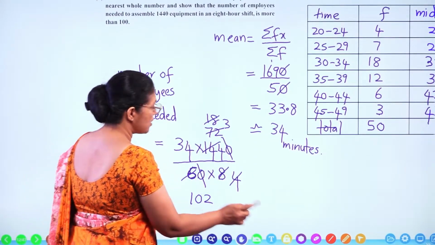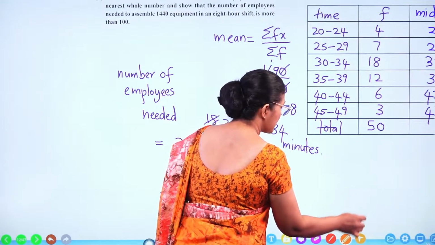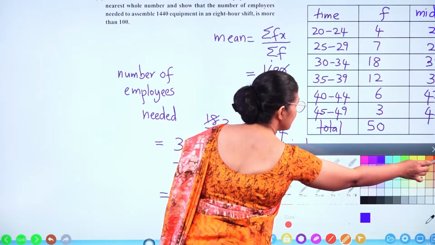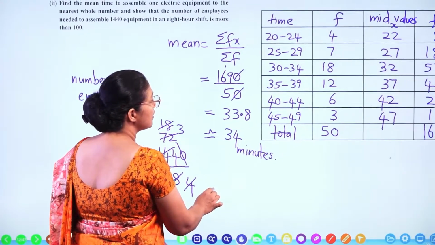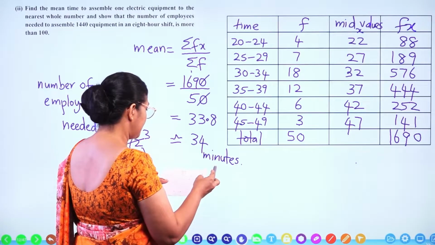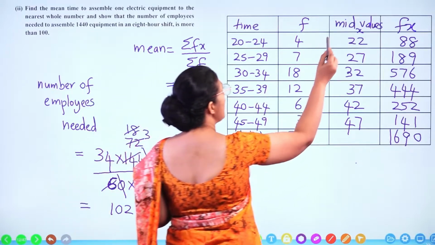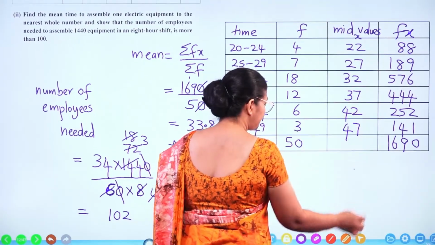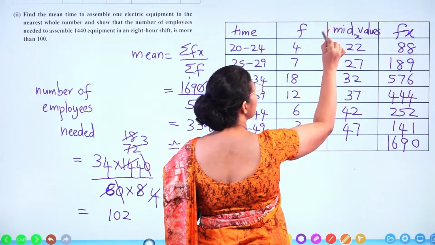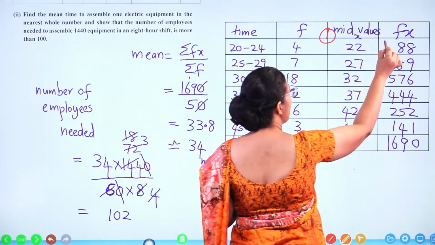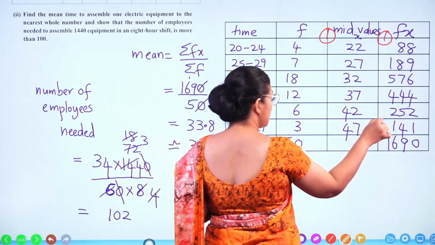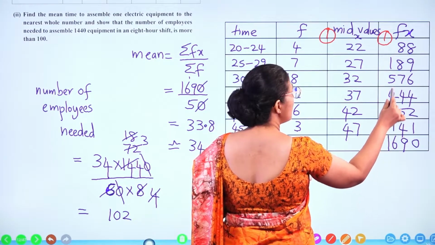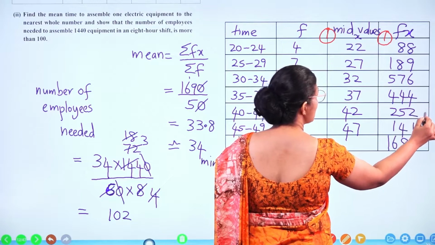So how many marks for these two parts? You are getting 1 mark for finding the mid values and 1 mark for calculating fx and another 1 mark for finding multiplication.